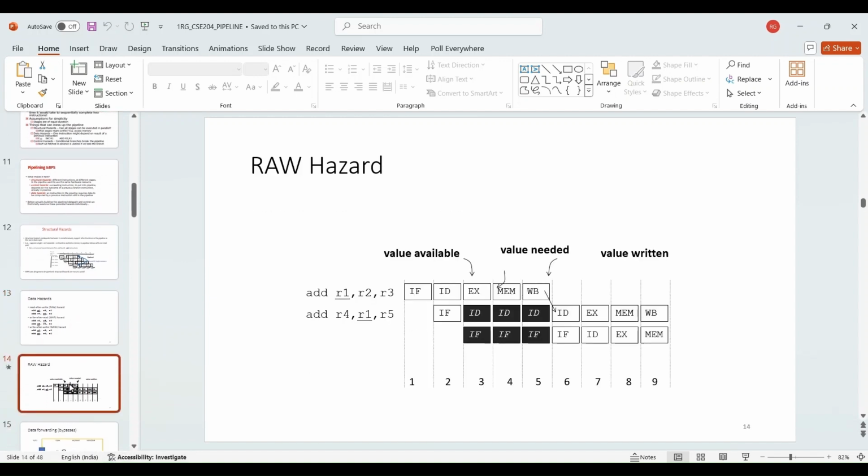Now let's see that RAW hazard, which I said can be avoided by bypassing or forwarding hardware. Here it is showing an example of RAW hazard. The first instruction will be writing back R2 plus R3 after the fifth cycle, in the write back cycle, and the second instruction needs it in the third cycle.